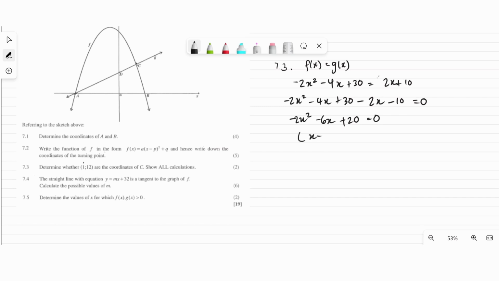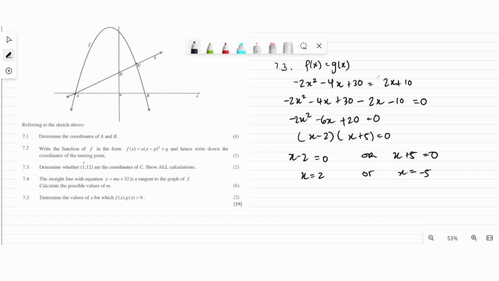You get x minus 2 and x plus 5 is equal to 0. Equate each bracket to 0, so x minus 2 is equal to 0, or x plus 5 is equal to 0. Take the 2 to the other side: x is equal to positive 2, or x is equal to negative 5.